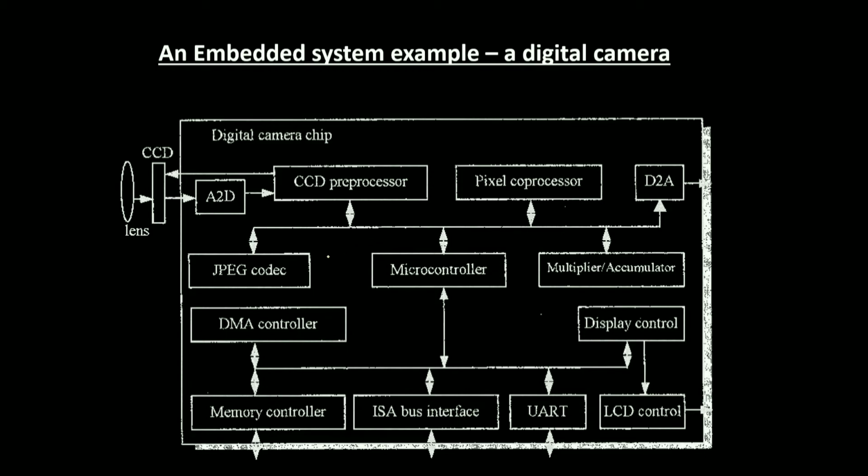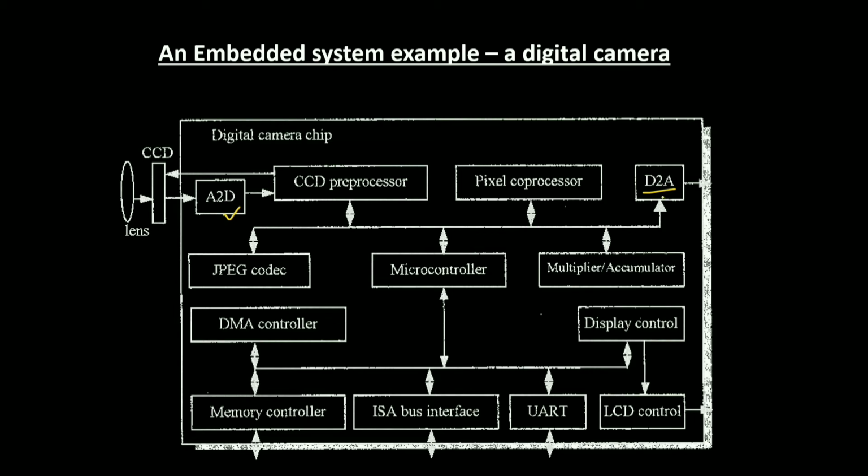The A to D and D to A, you can see over here, convert analog images to digital and digital to analog. A to D will convert analog to digital, and D to A will convert digital to analog.